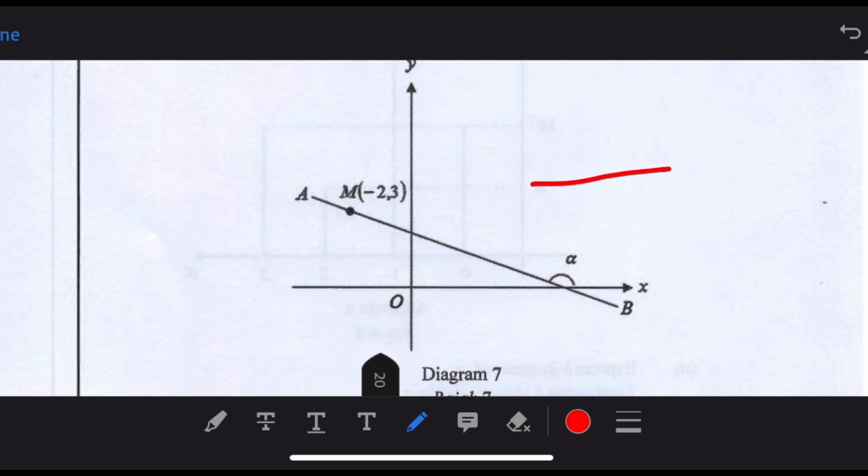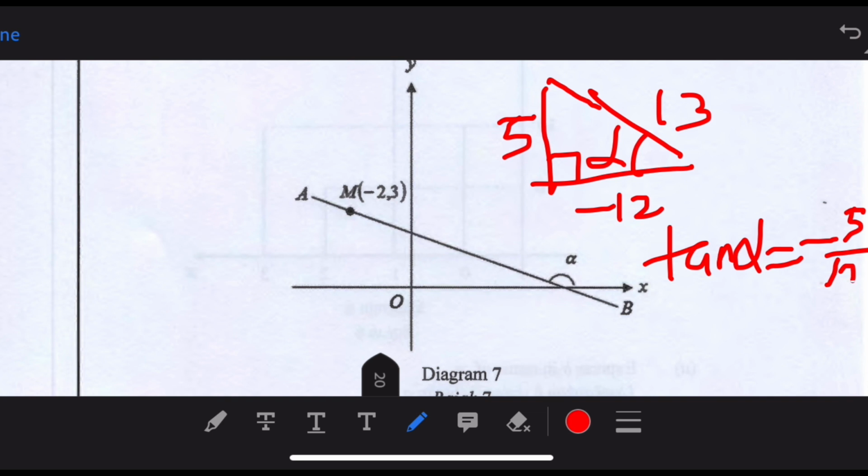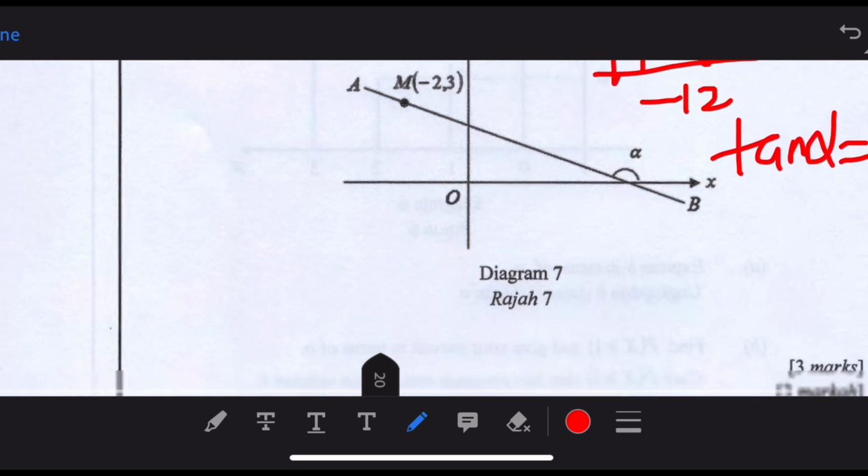And as you know, when you want to form the equation, you need to have the gradient. So when you see the right angle triangle, the gradient is the length of the vertical line over the horizontal line, which is equal to tangent. So the gradient is equal to the value of tangent.